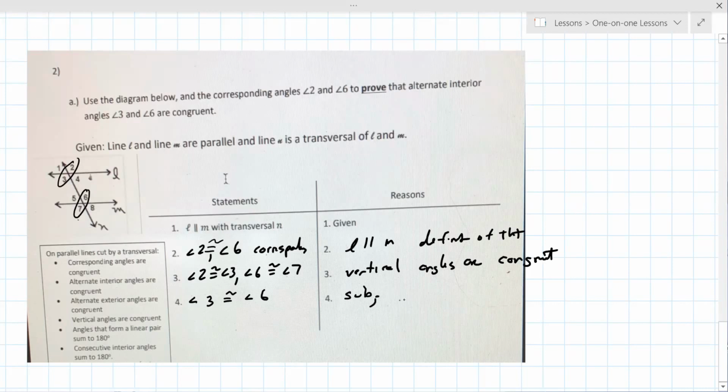I'm not really sure what your instructor would want here, but usually it's some sort of an algebraic property. So in this case, substitution is a good one, because if 3 takes the place of 2 and 7 takes the place of 6, then you get that the angles are congruent.